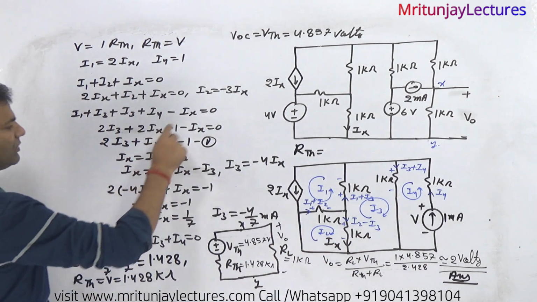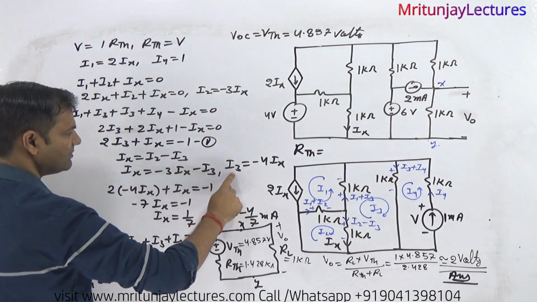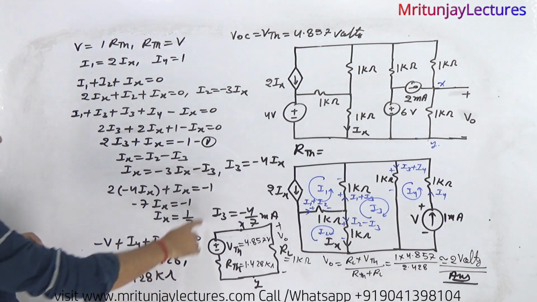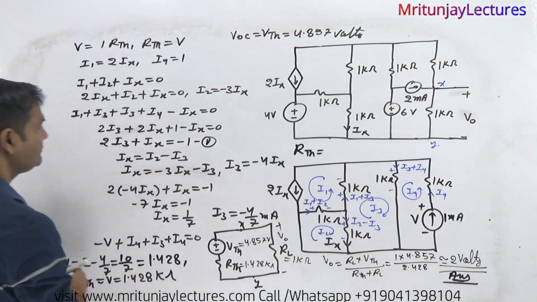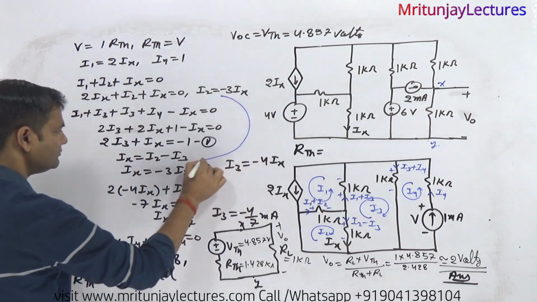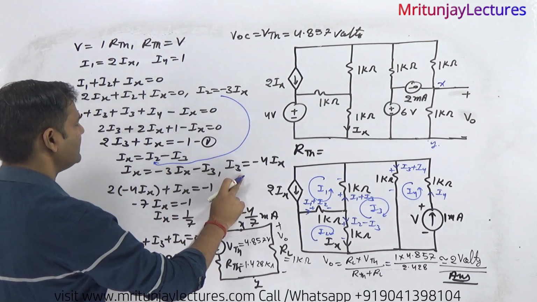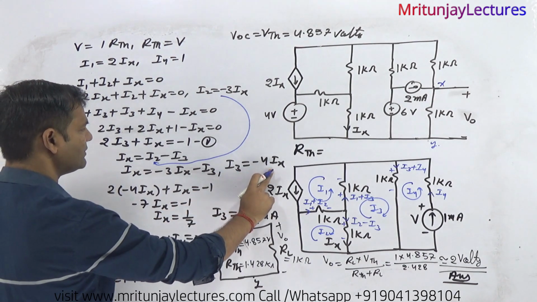Okay, if this value is put here, then we get I3 in terms of Ix, that is minus 4Ix. Now I3 is equal to minus 4Ix. Clear or not?